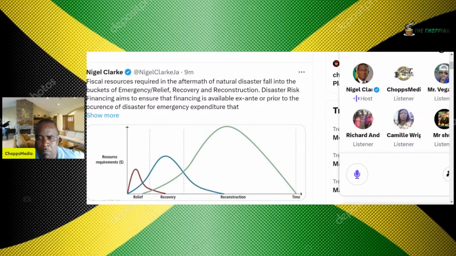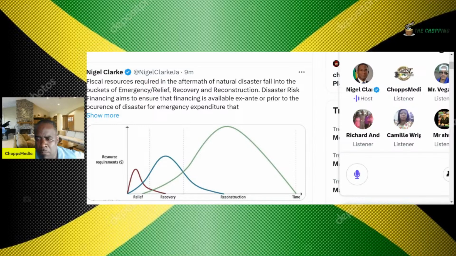But again, that's 20-year resources, 10-year moratorium. And it's great to have lines like that one can draw on if you encounter something that is severe enough.